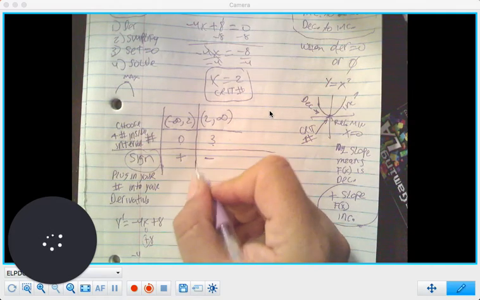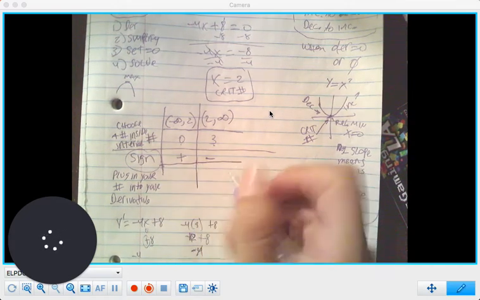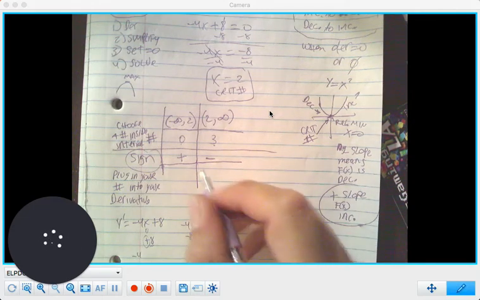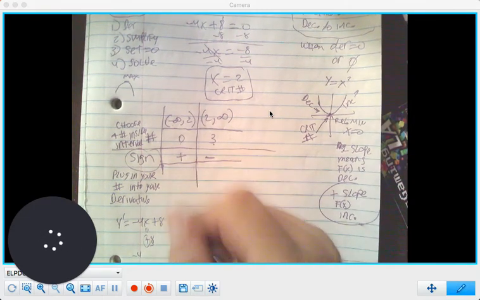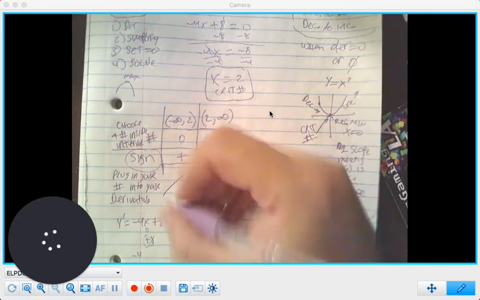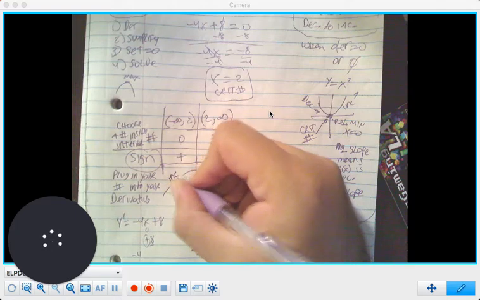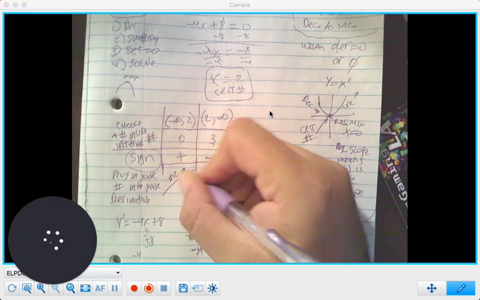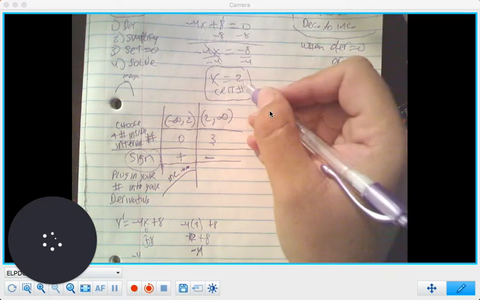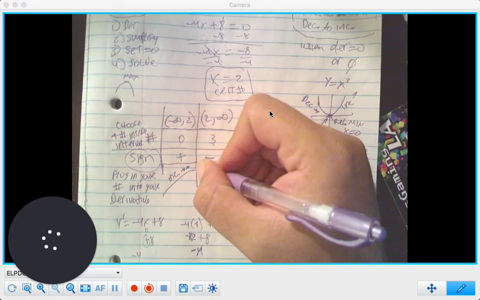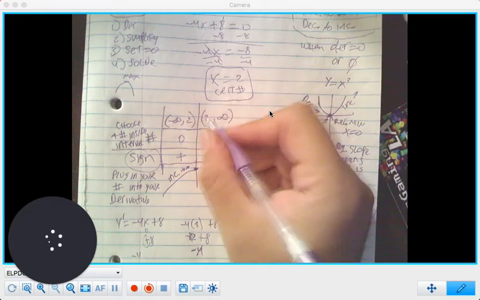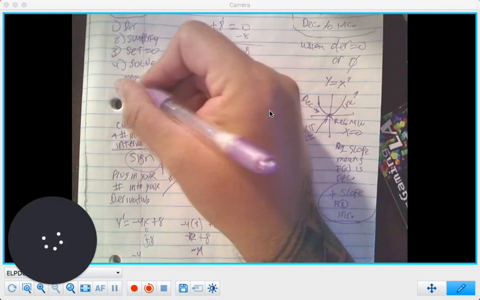We already have what we need. What I like to do is a visual representation. This plus means that your function is increasing. It's going that way, it's going up. Remember we found 2? So basically 2 is right here. So what we just found out is that 2 is a max, like this.